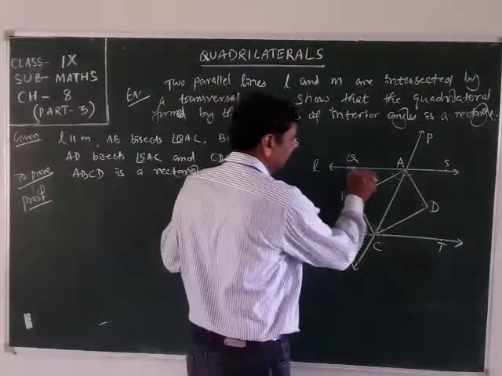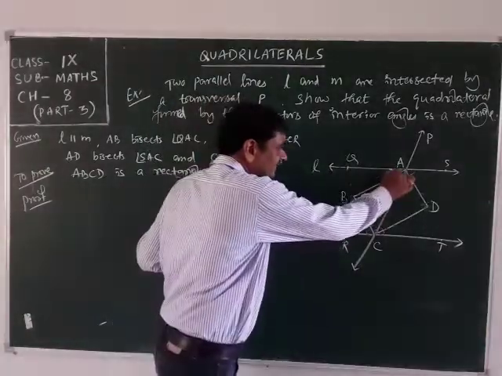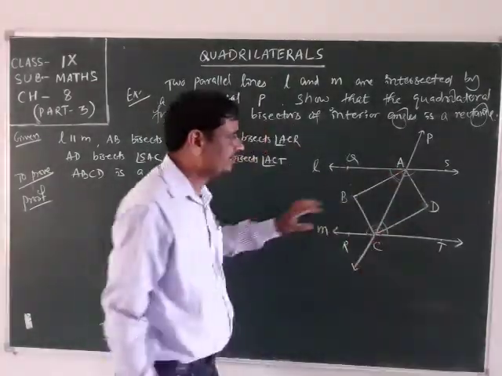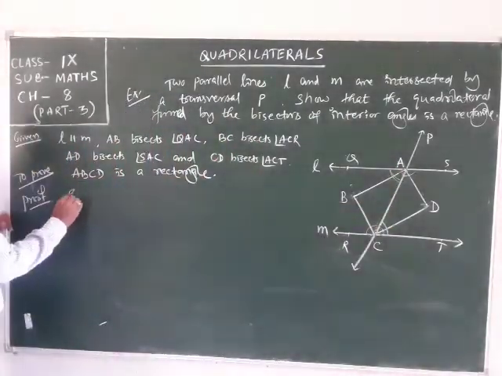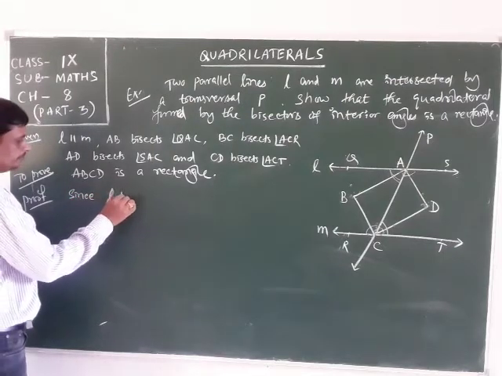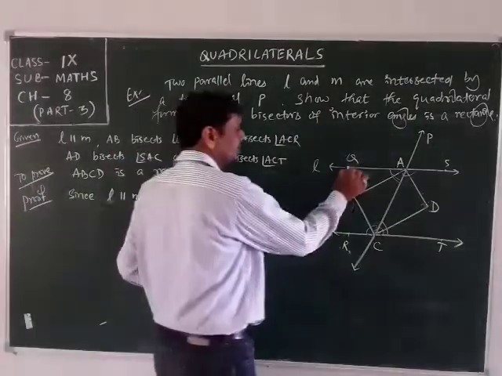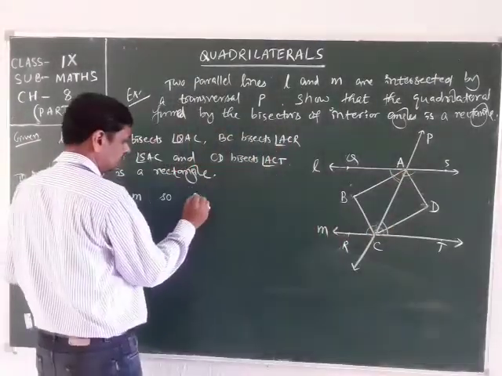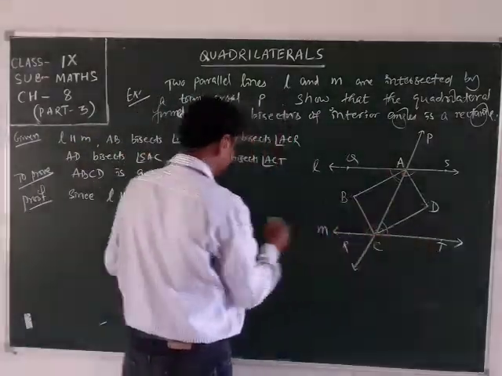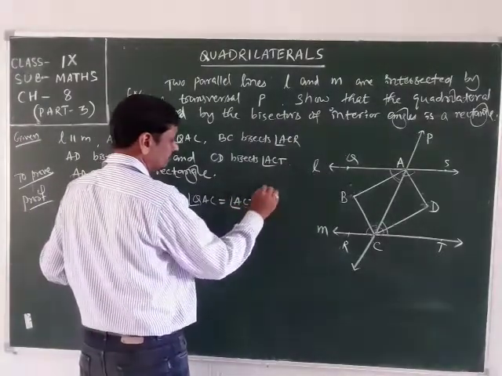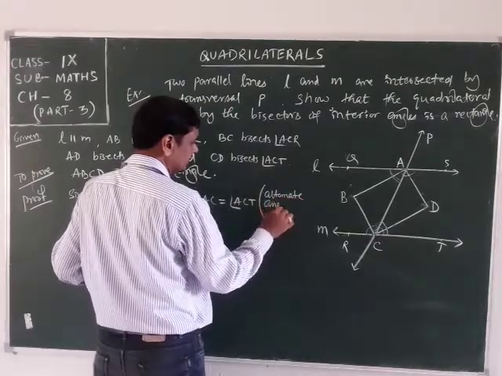Here L is parallel to M, so this angle and this angle become equal. These are alternate angles. Since L is parallel to M, angle QAC is equal to angle ACT, because these are alternate angles.